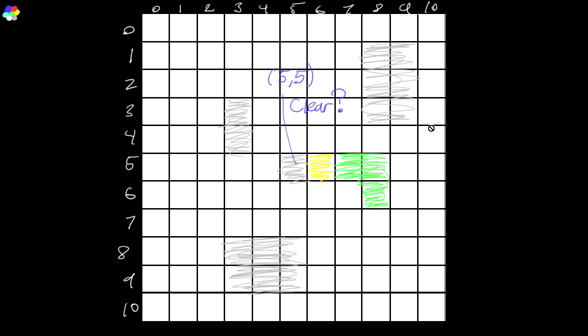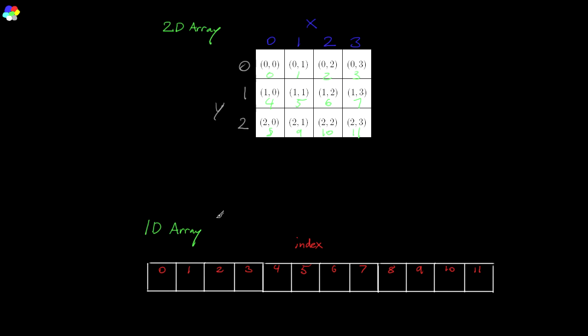Now, the most important thing that we need to be able to do if we do this mapping is we need to be able to go from these X, Y coordinates to the actual index in the array. Like in our SNCC game, if we want to test the location 5 to see if there's an obstacle there, we have to be able to go from X and Y of 5 to the actual index in our 1D array. So how do we do that?